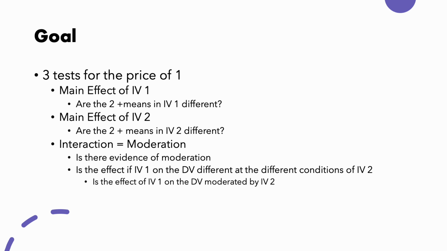Number 2, you are also testing for a main effect of independent variable 2, which is again simply asking, are the 2 means associated with IV2 different? And number 3, you get an interaction test, which is a test of moderation. Remember, moderation is testing if the effect of IV1 on the dependent variable is different at the different groups or conditions or levels of independent variable 2.